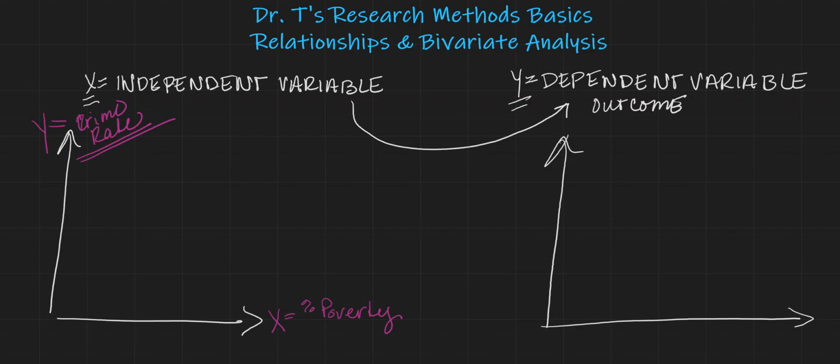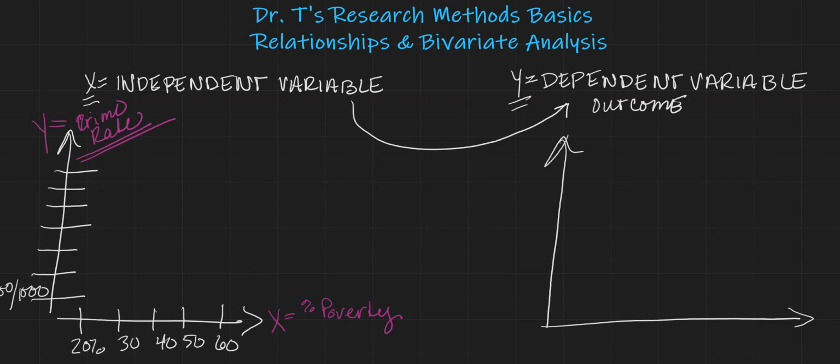Imagine on this y-axis that the crime rates are measured up to 100 per 1,000 of the population. And the percent poverty variable we get from the US Census or the American Community Survey, and it goes something like this: 20%, 30, 40, 50, and 60.